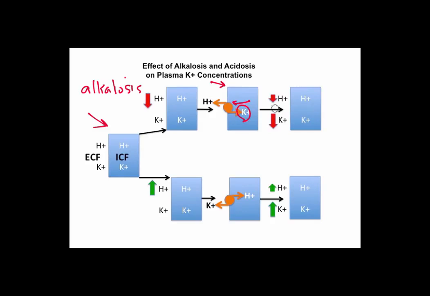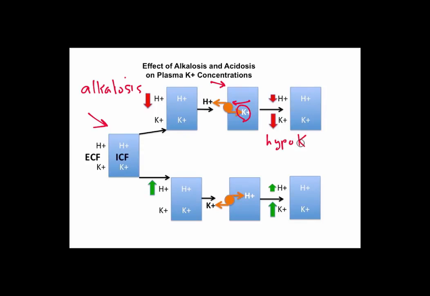That will push the hydrogen ions up in the extracellular fluid, but it will push the potassium down further. So we end up with alkalosis being more mild, but with a more severe hypokalemia. So we end up with hypokalemia with alkalosis.